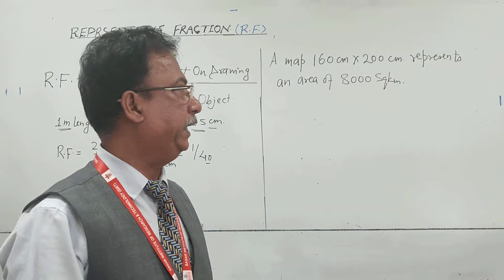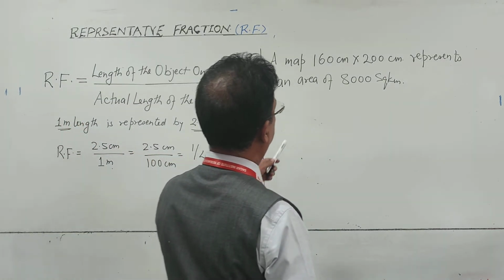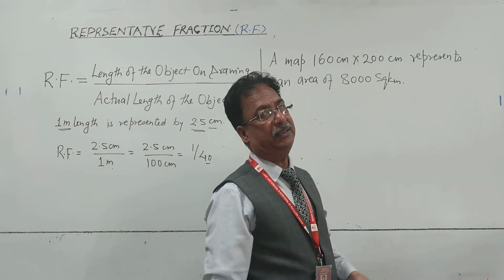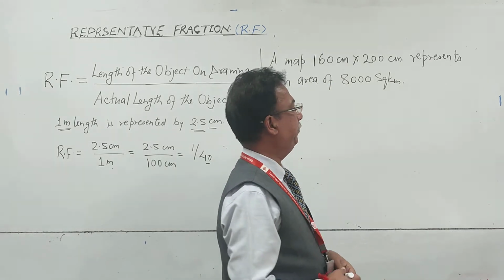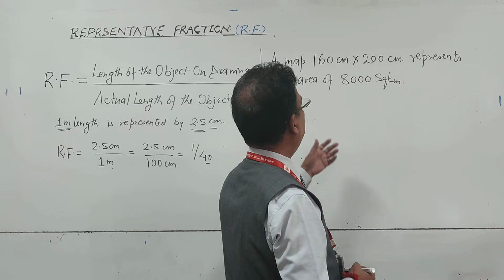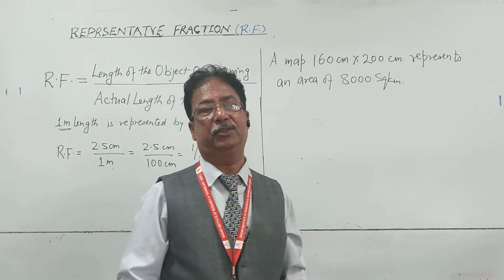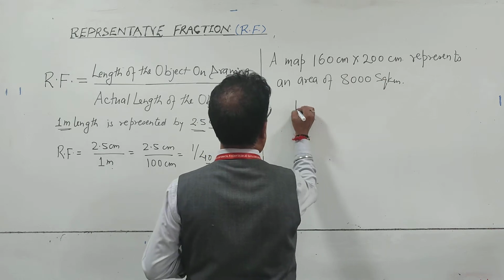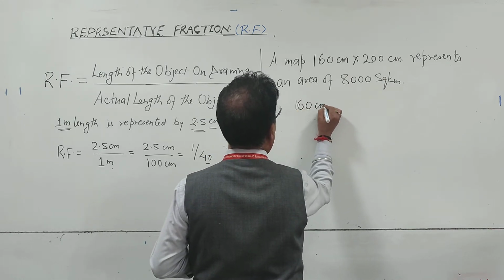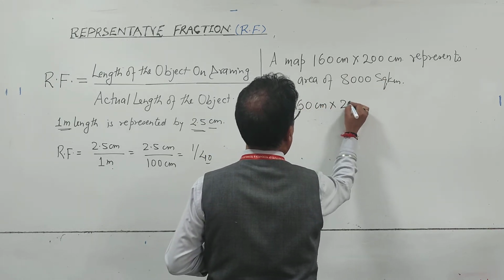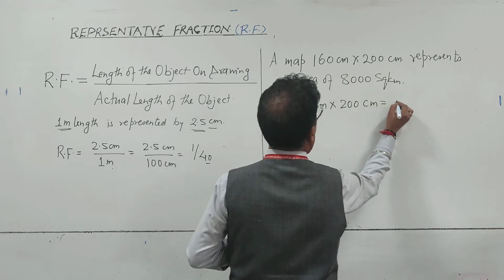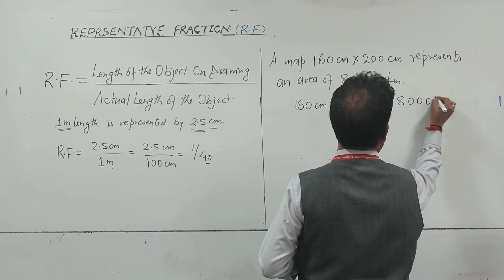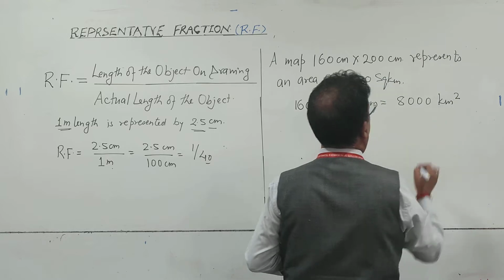So what they are saying: in the drawing the size of the map will be 160 centimeter into 200 centimeter. In actual that area will be 8,000 square kilometer. So 160 centimeter into 200 centimeter equals 8,000 kilometer square.